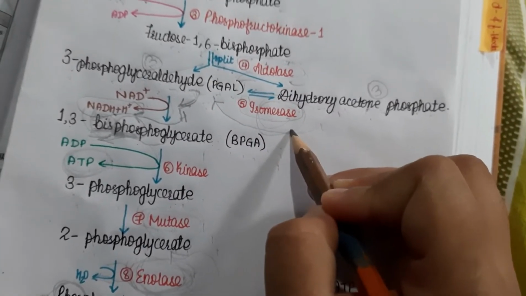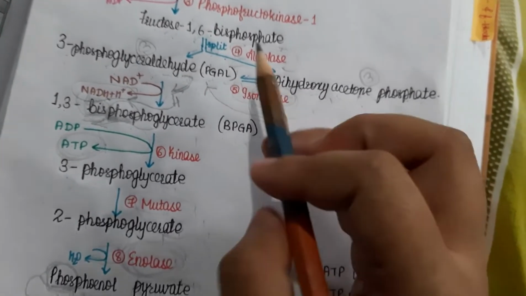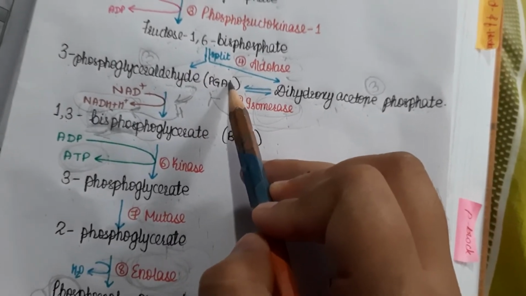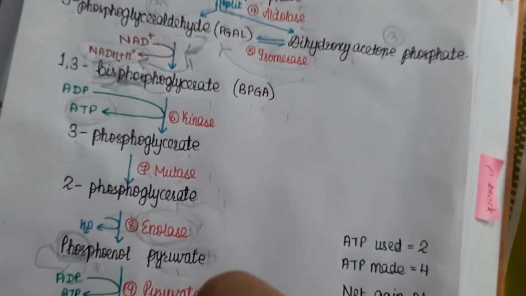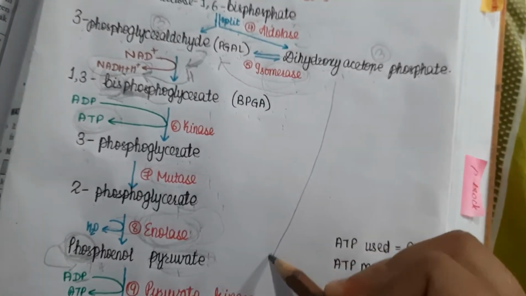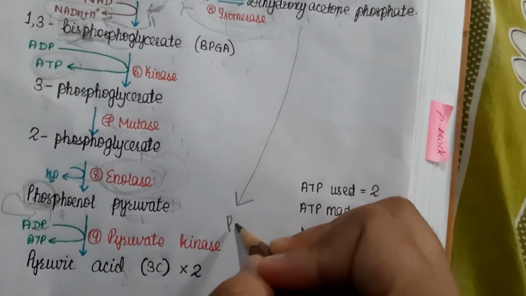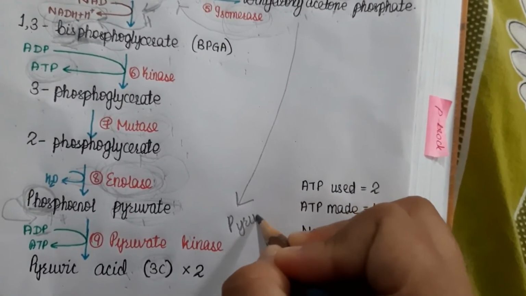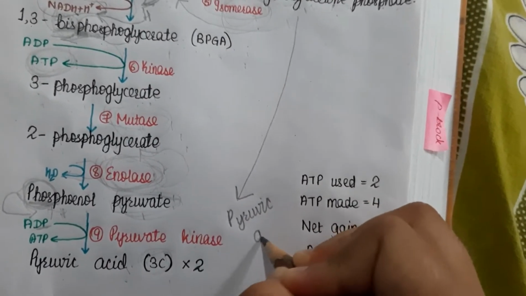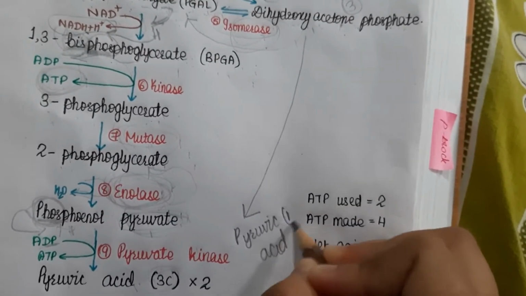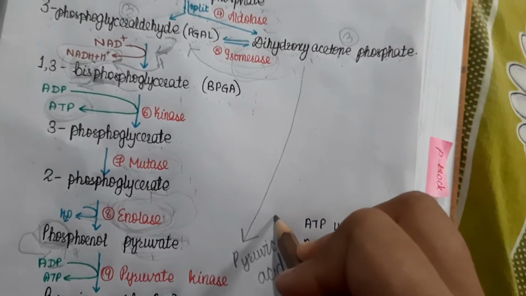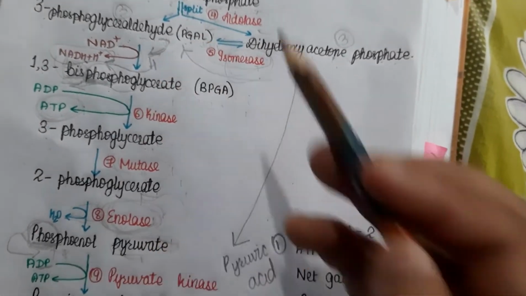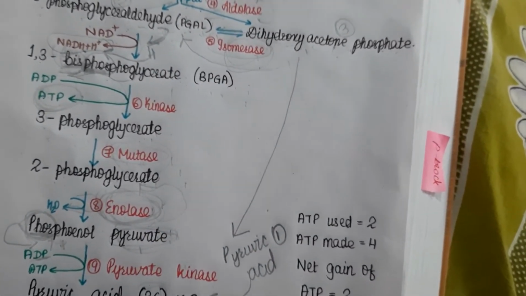Therefore after using isomerase, it gets converted into PGAL. Therefore it also makes pyruvic acid. So one pyruvic acid from DHAP and one pyruvic acid from PGAL makes two pyruvic acids.